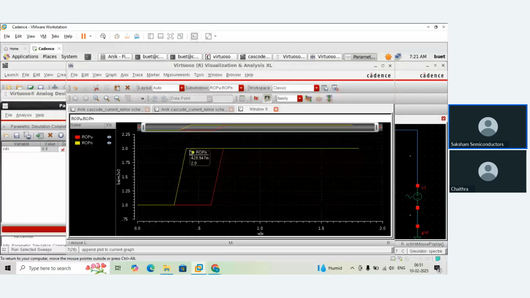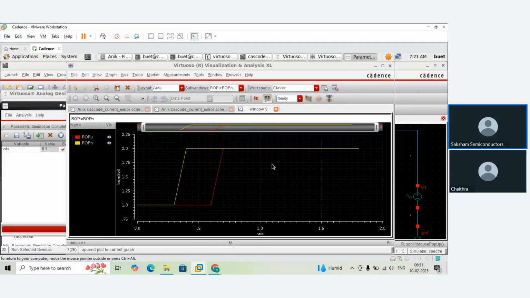So that is basically the down transistor. And if you see here, almost close to 700 millivolts. So that means when 700 millivolts comes, my upper transistor will be entering into saturation region. And when 400 millivolts comes, my below transistor will be entering into saturation region.